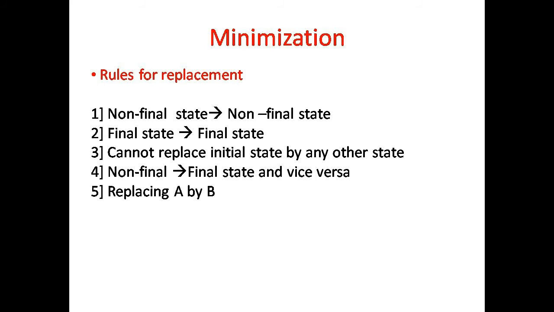Rule number 4: we cannot replace one final state by other non-final states or one non-final state by other final states. Rule number 5: suppose we can replace state A by state B, it means deleting the entries related to A, that is the transitions from A, and wherever we find the symbol A in the table, replace it by symbol B.